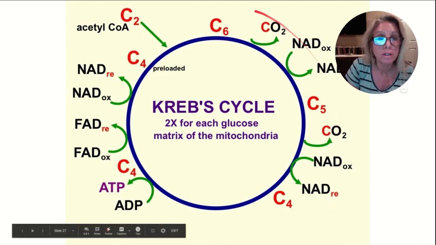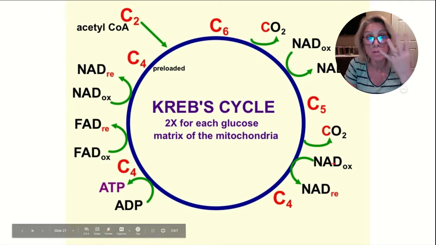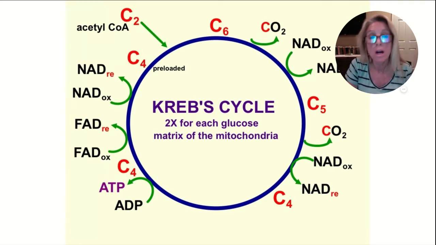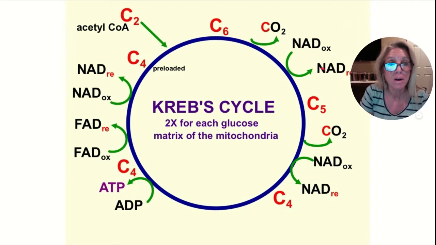You get 2 CO2, the 2 times we do the bit, and since you're doing it twice, that's a total of 4. 2 ATP, 4 CO2, a total of 6 reduced NADs: 1, 2, 3, and I do it twice, 6 NADs, 2 FADs, because I do it twice.